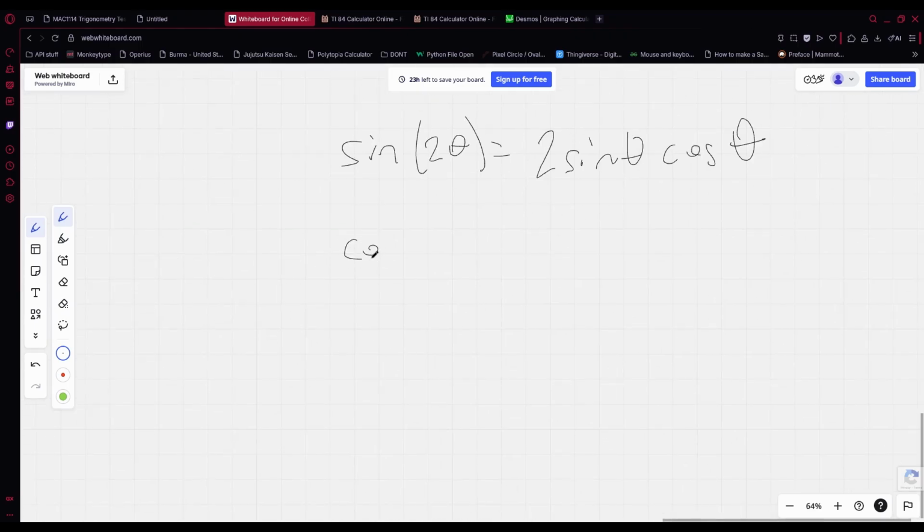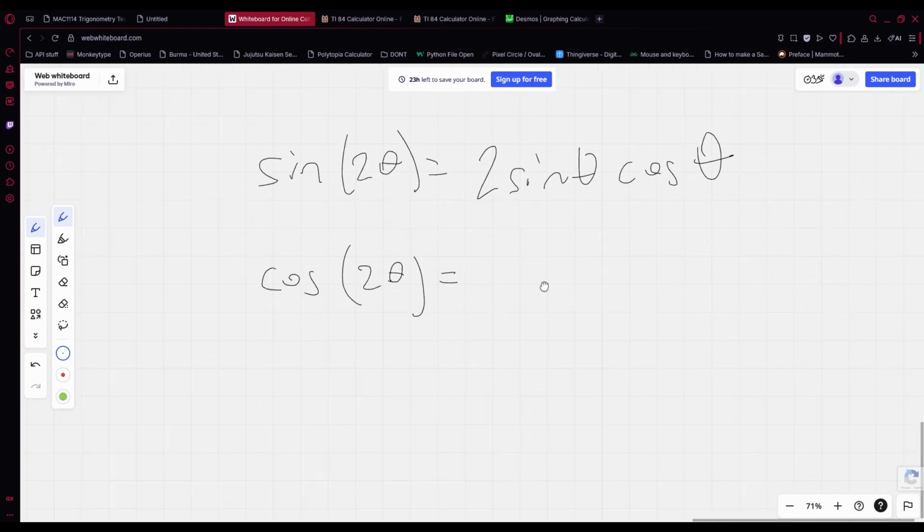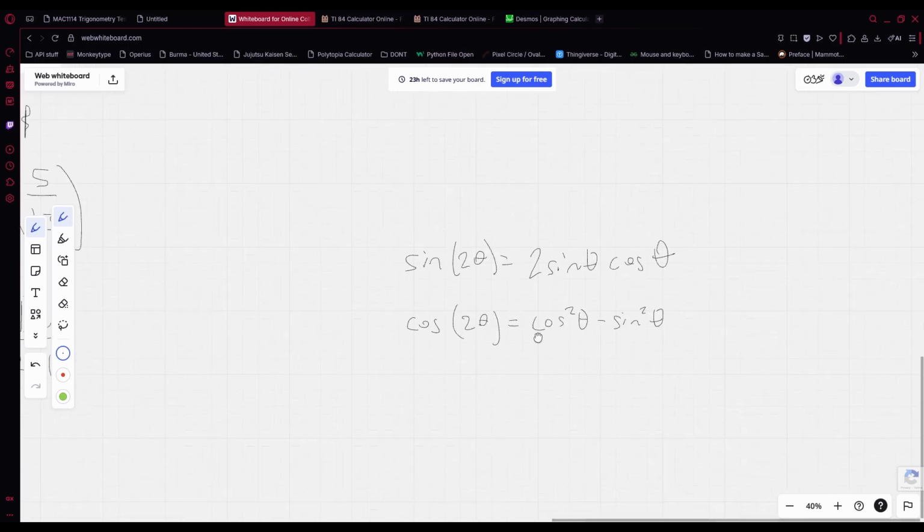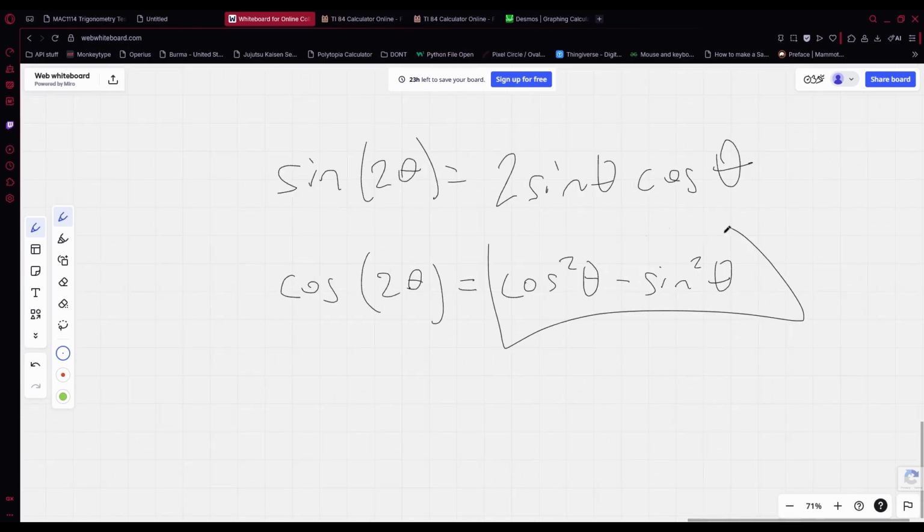But for cosine, it's actually cosine 2 theta is equal to cosine squared theta minus sine squared theta. Now, the way you remember this is that it looks a lot like Pythagorean identity, except the cosine is the one in charge. He's subtracting this guy because he's the big dog. He's got the 2.